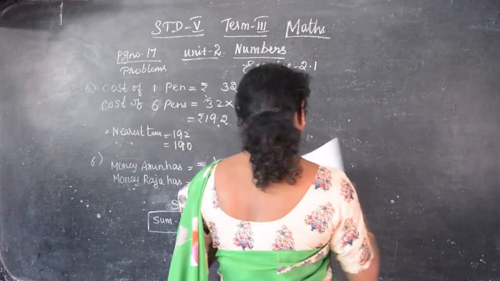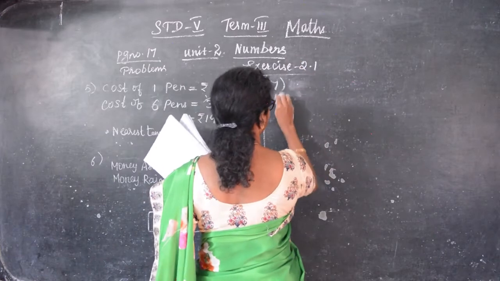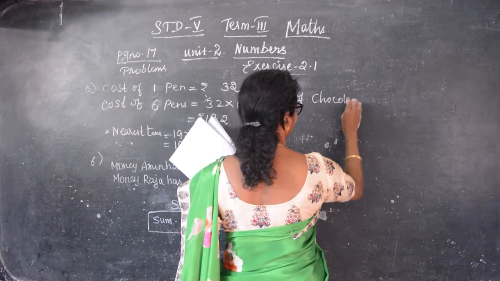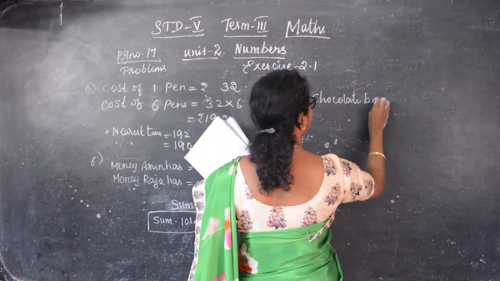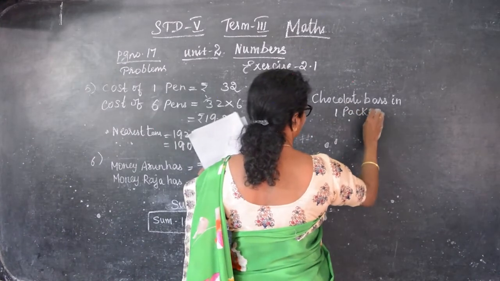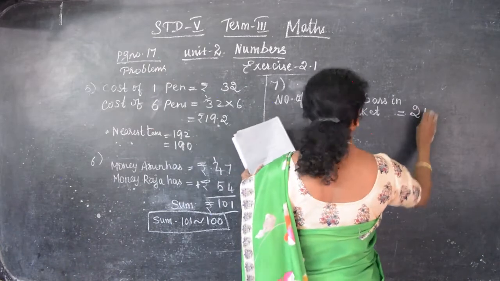Number of chocolate bars in one packet. How many chocolate bars are there? That is equal to 21.